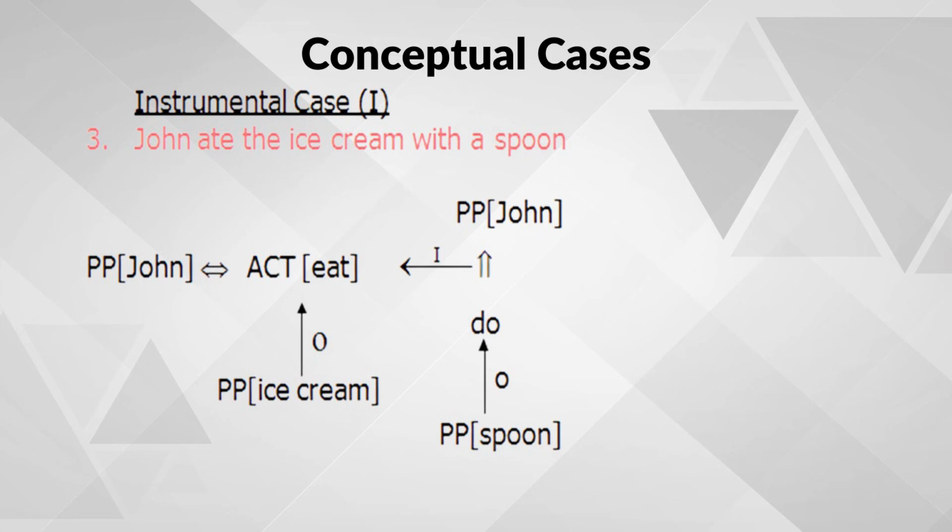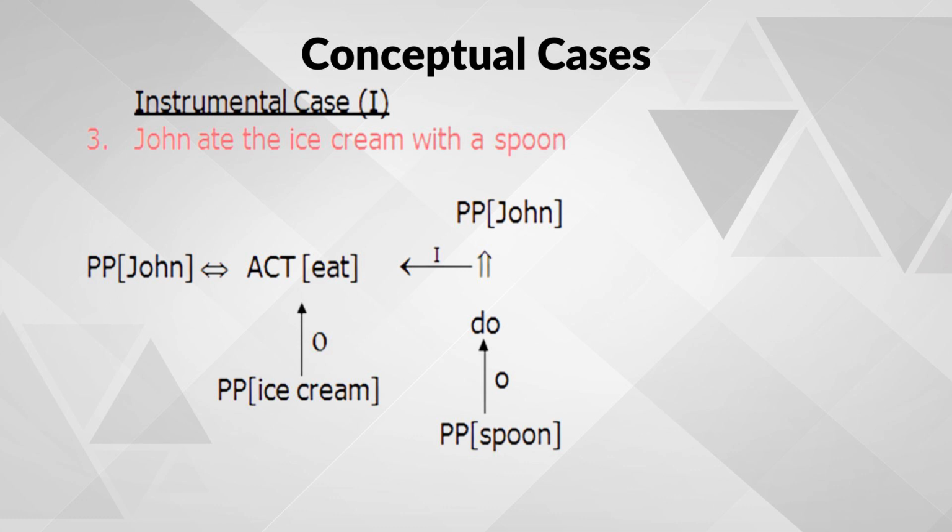In conceptual cases, the instrumental case typically relates to the means or instrument used to accomplish an action. In the example, John ate the ice cream with a spoon, the instrumental case can be applied. John is nominative case, the one performing the action.